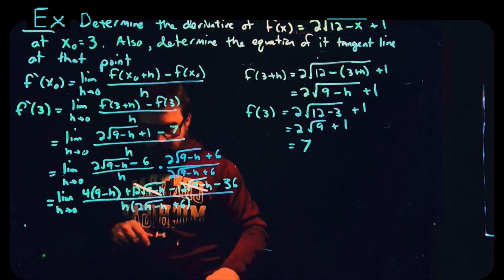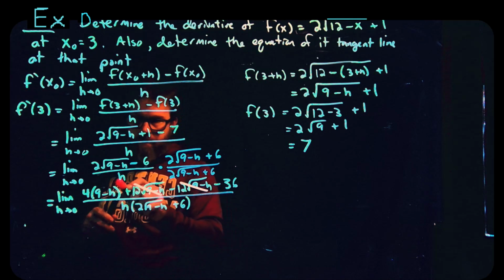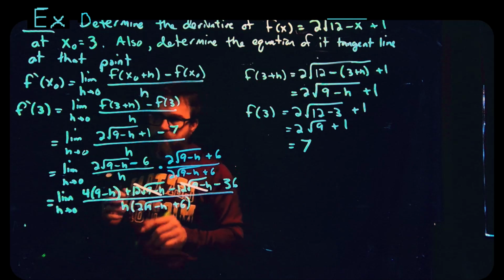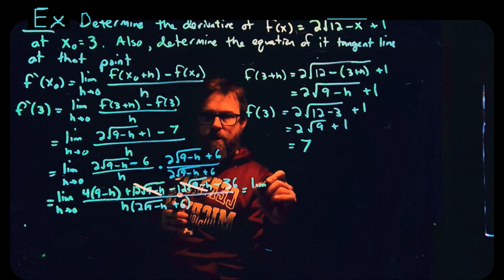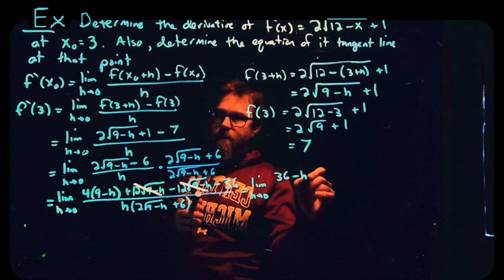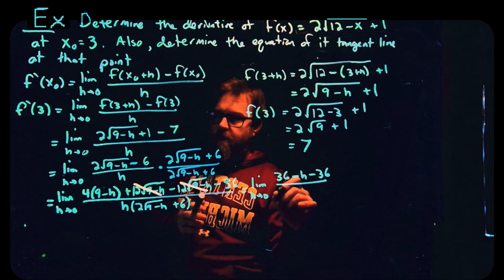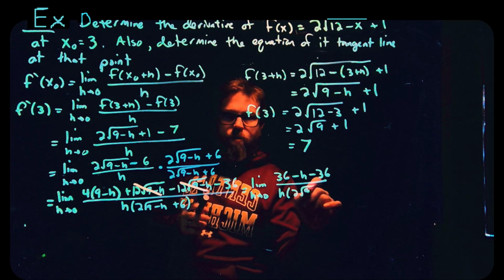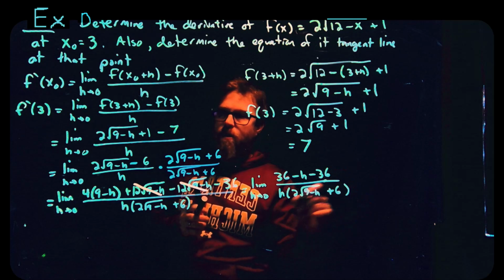And next we can see that this is going to be kind of nice too, because when I multiply, this is going to be equal to, let's put it over here, the limit as h approaches 0 of 36 minus h minus 36 all over this h times 2 root 9 minus h plus 6.